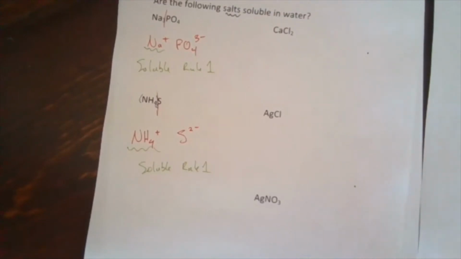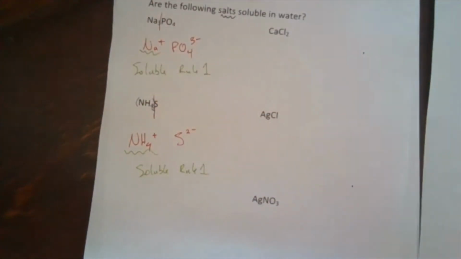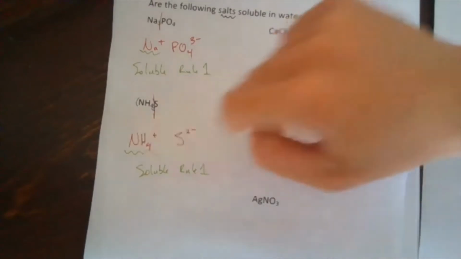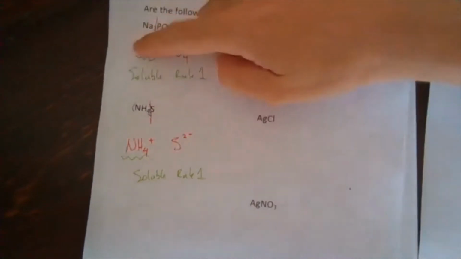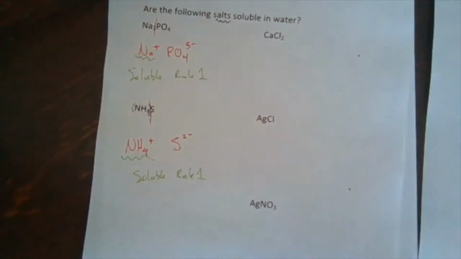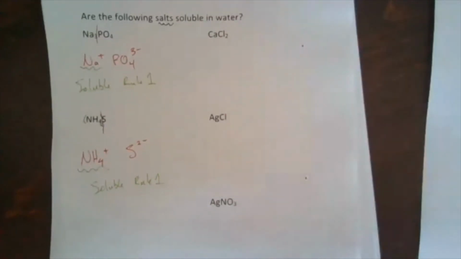If you want to get sulfide or phosphate dissolved, right, because both types of ions go out and dissolve together, if you want to get an anion dissolved, you need a cation that's going to want to dissolve. And sodium and ammonium are both really good candidates to accomplish that.